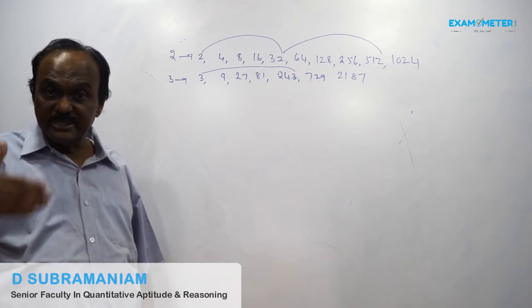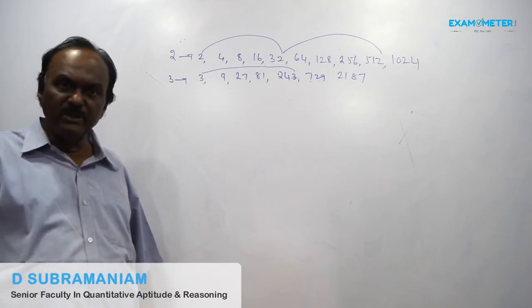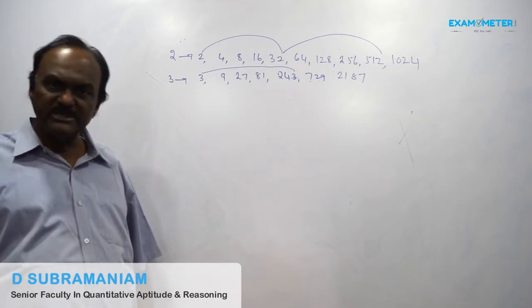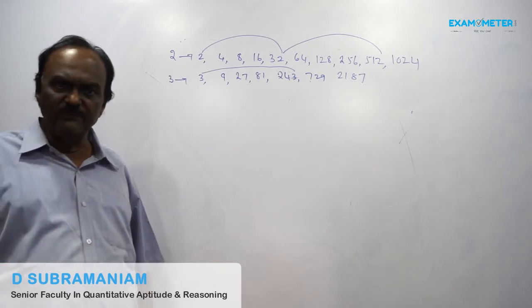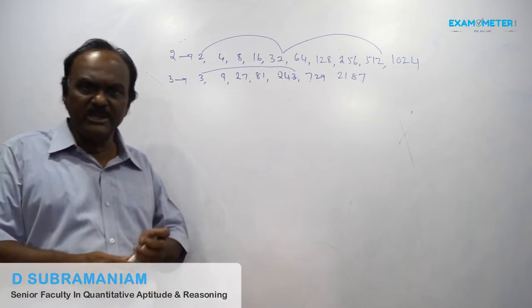So for the 3 series also, after every 4 places, the unit place is the same.